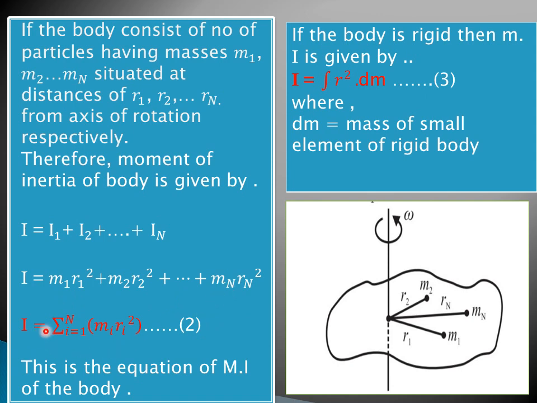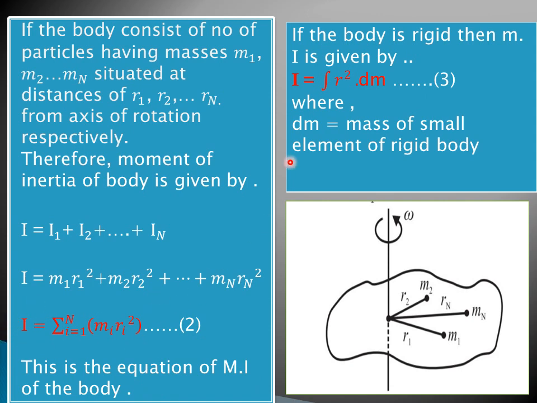This is equation number 2. This is the equation of moment of inertia of the body, and this equation can be used for an ordinary body only.